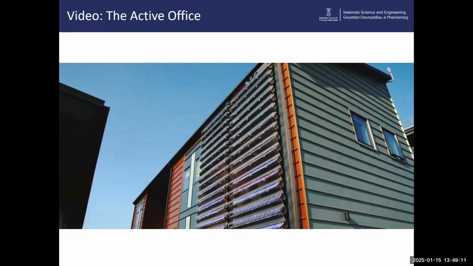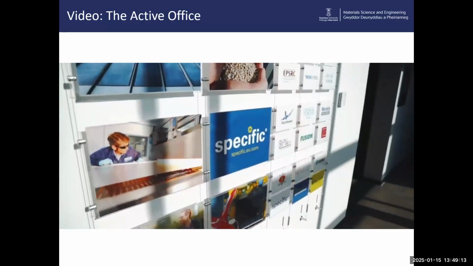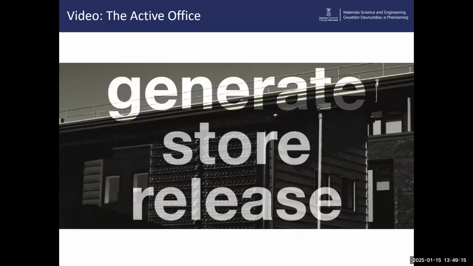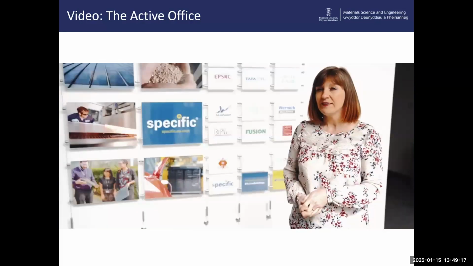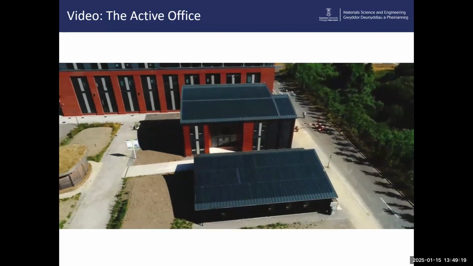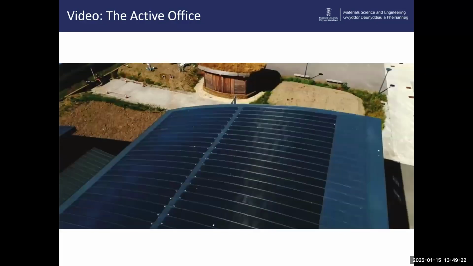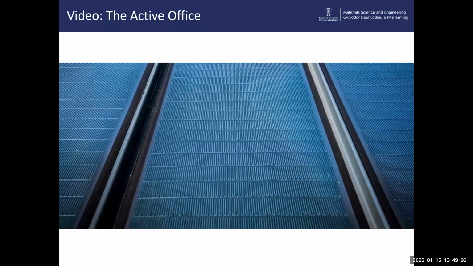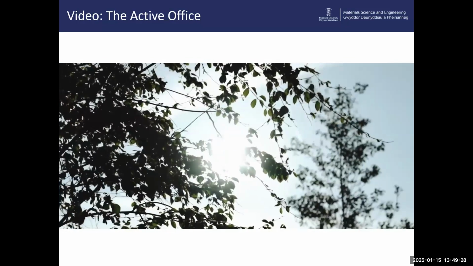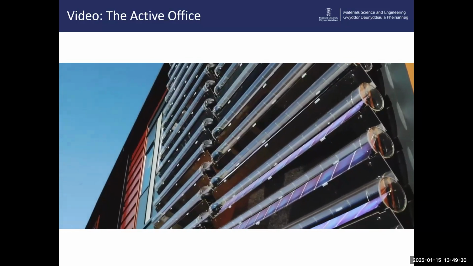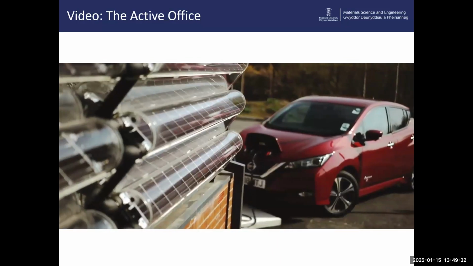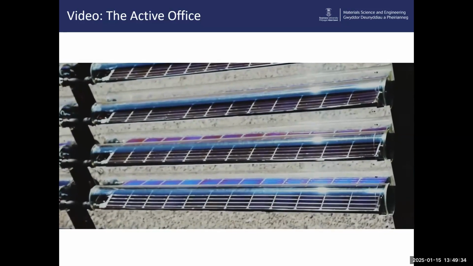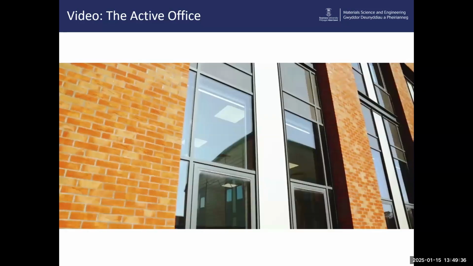A range of commercially available innovative technologies enable the building to generate, store and release solar energy in one integrated system. These include the first commercial installation of BIPVCo's photovoltaic roof on a curved profile, which uses thin film solar cells to convert sunlight to electricity, and photovoltaic thermal tubes by Naked Energy on the south-facing wall, which are capable of generating both heat and electricity from the sun in one system.